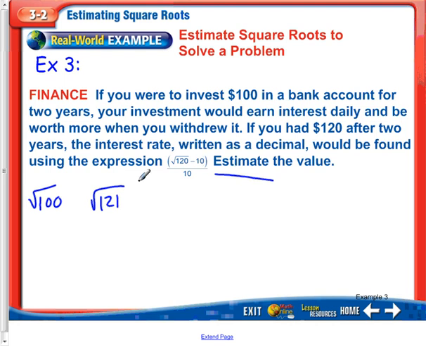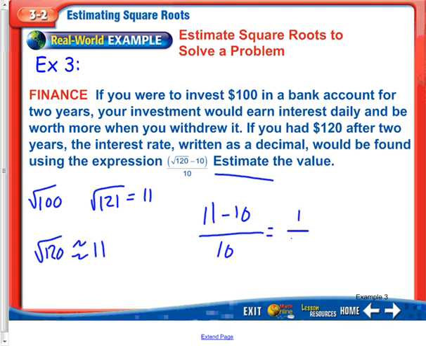Well, 120 is really close to 121, and the square root of 121 is 11. So I'm going to say that the square root of 120 is about 11. And so I'm going to rewrite this problem as 11 minus 10 divided by 10. So that's going to be 1 divided by 10, which we know is 0.1.